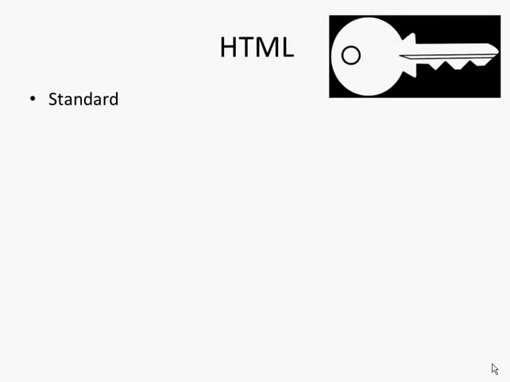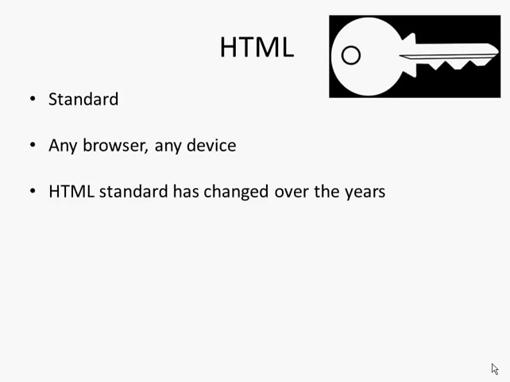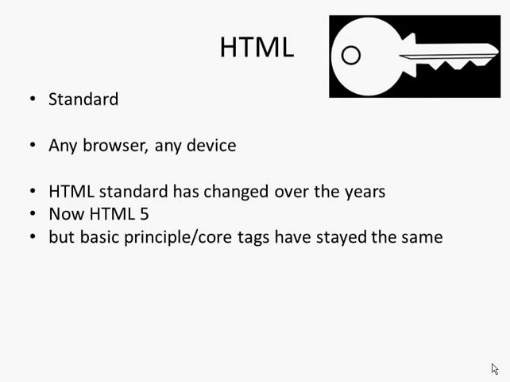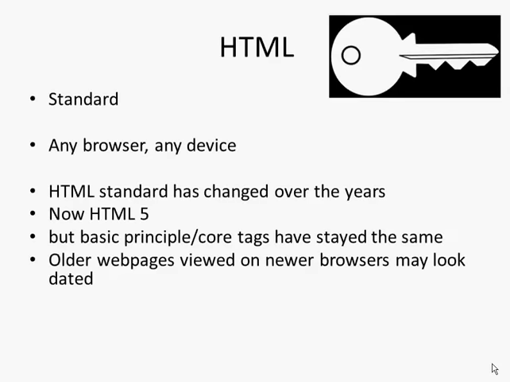So back to this term, standard. We say standard because HTML can be used on any browser, on any device. The standard has changed over the years, so which tags you can use and which properties of which tags have changed since it was invented, and we're now on something called HTML version 5. But the basic principles and the core tags have stayed the same.